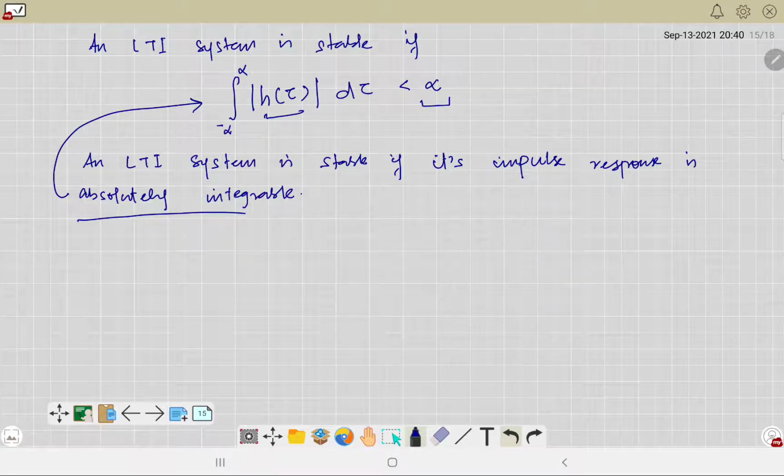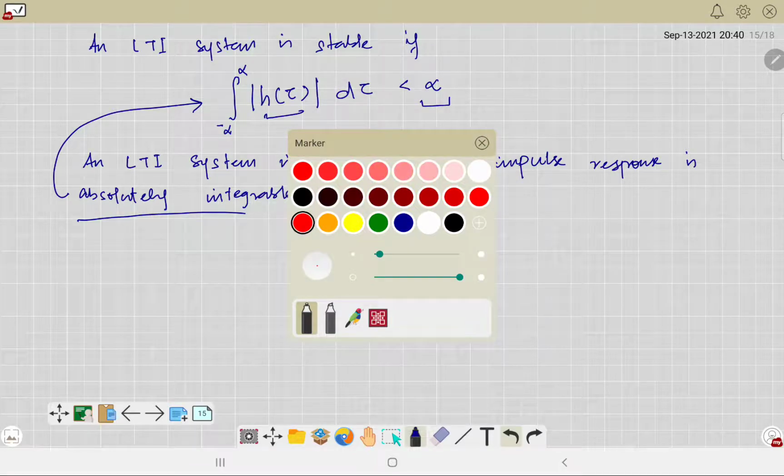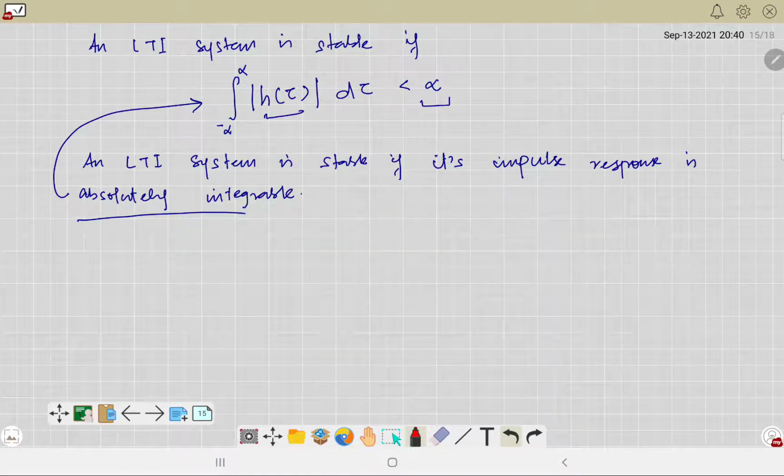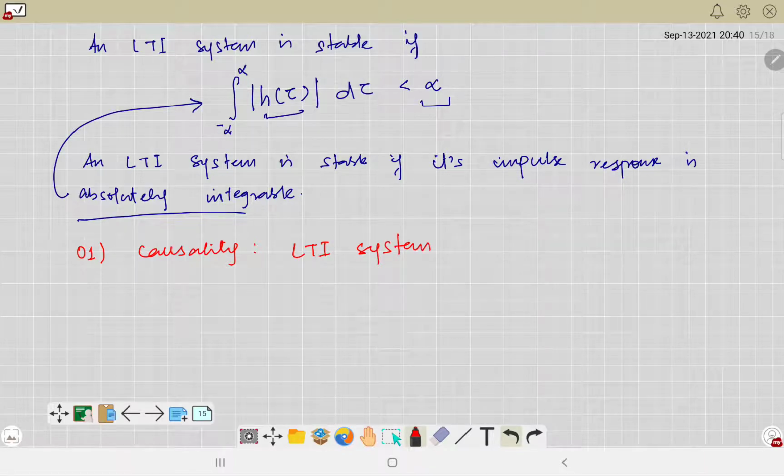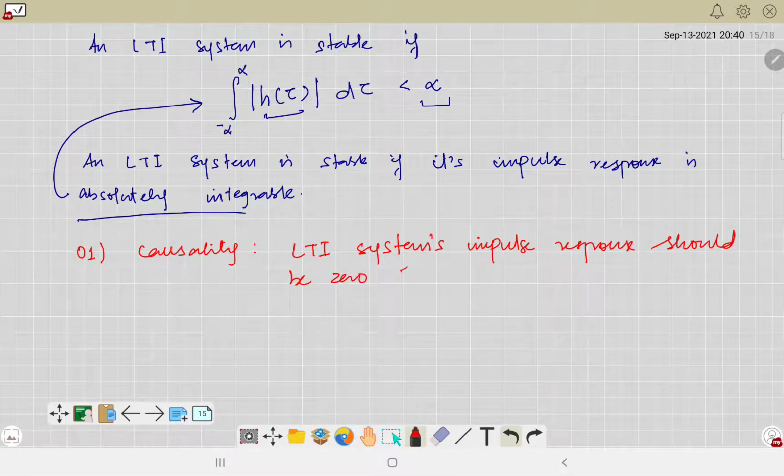Okay. So these are two important conditions. Often in typical competitive exams, in GATE exams, these types of questions are asked. So let us generalize. For causality, the impulse response of the LTI system should be 0 for time less than 0.